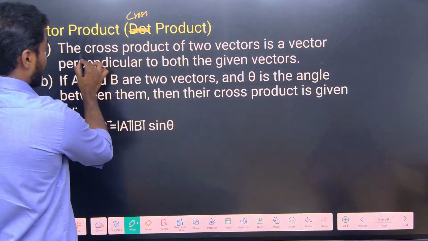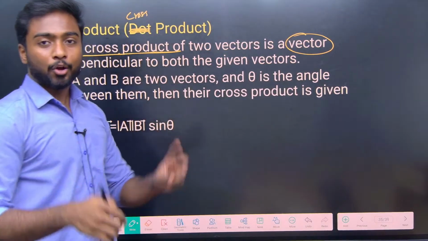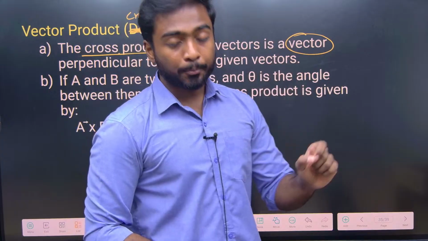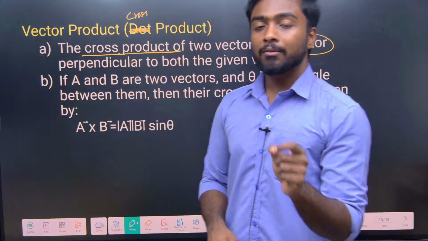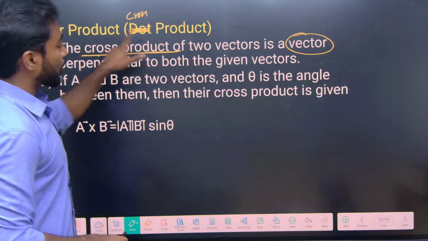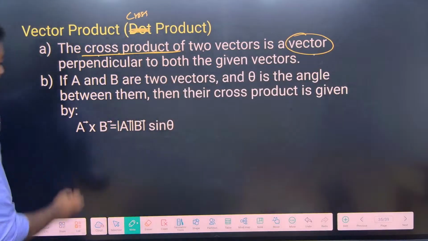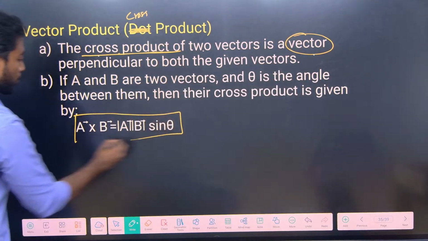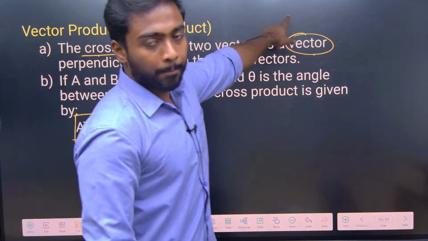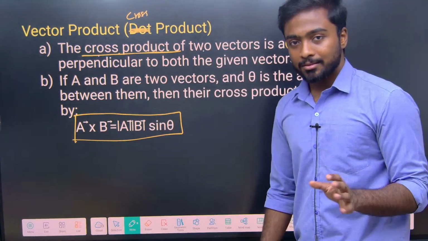When I take a dot product, the dot product of two vectors is a scalar quantity, whereas a cross product of two vectors will give us a vector quantity. The formula is A cross B equals AB sin theta. That's the thing we saw in the previous slides.